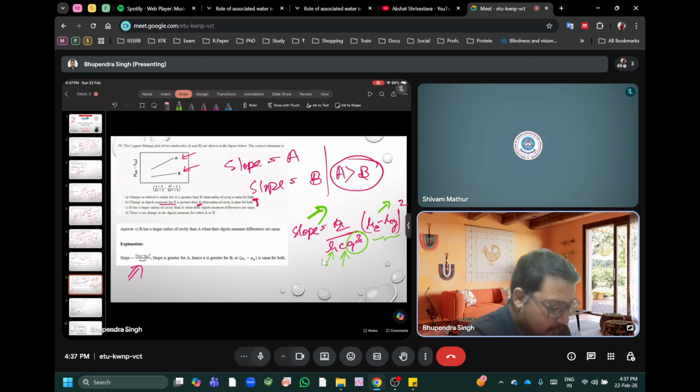But from the figure you can simply figure out that the slope of B is smaller than A. So this option is wrong. And the first one, change in refractive index for A is greater than B, radius of the cavity same, is also wrong because in the slope there is no involvement of the refractive index.